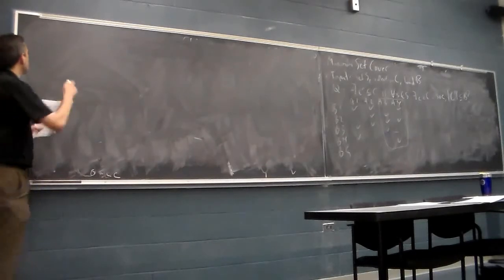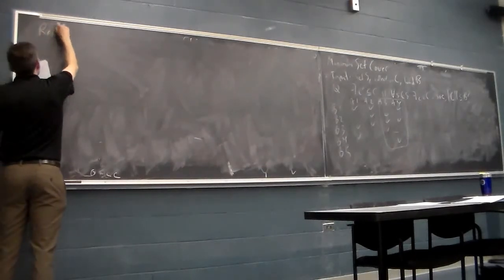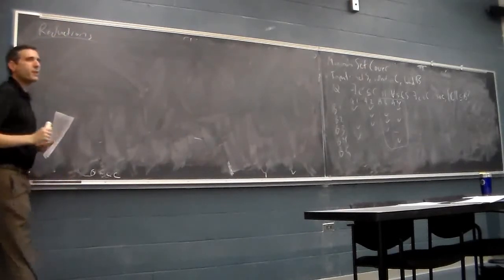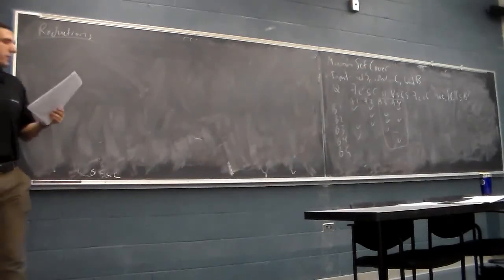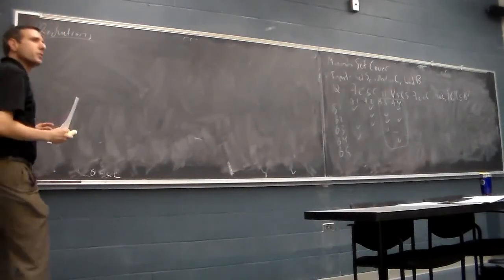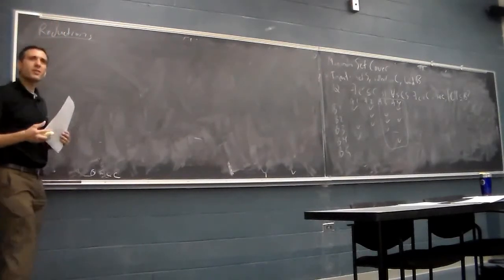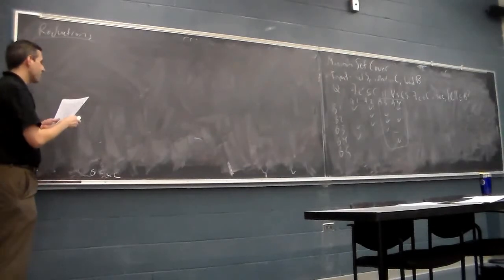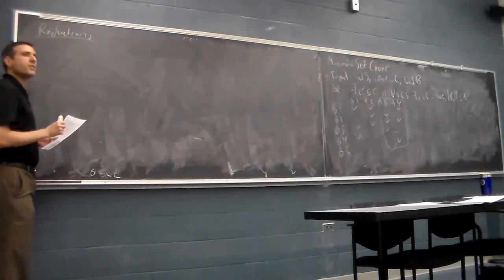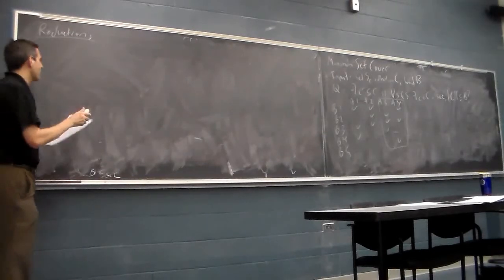And that's where we come to the issue that I mentioned back at the beginning of the class of reductions. So how do you figure out that a new problem is hard? This is something that always confuses people. I think it's important to try to get your head around this. What you would generally try to do to show a problem is hard is start with a problem that you know is hard.